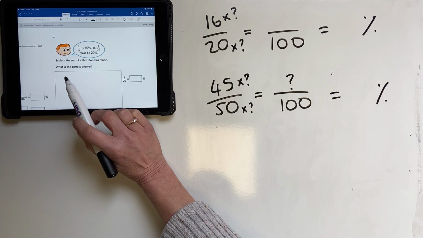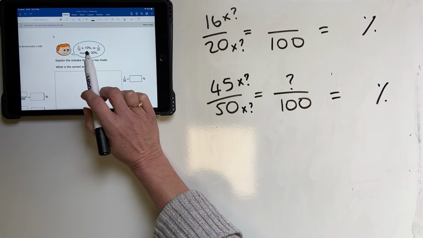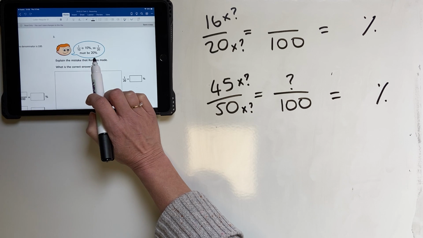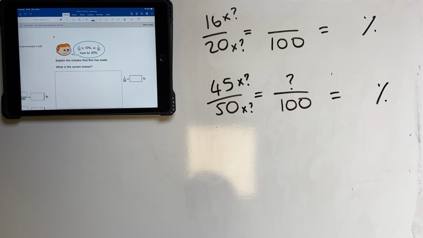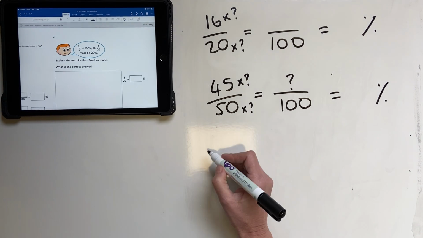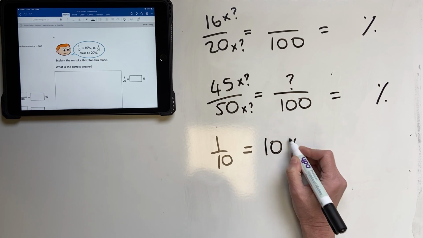This person here, Ron, he thinks that 1/10 is 10%, so 1/20 must be 20%. Explain the mistake that Ron has made and then tell me what the right answer is. So 1/10 equals 10%.